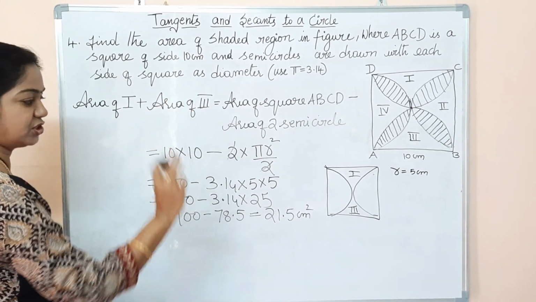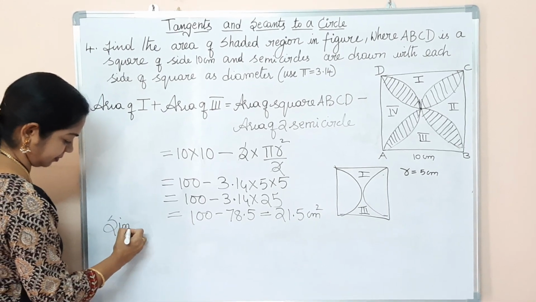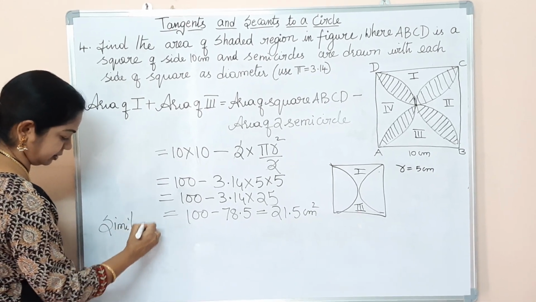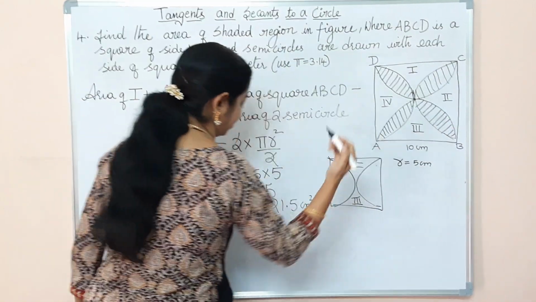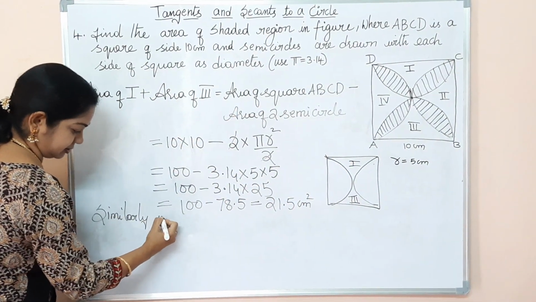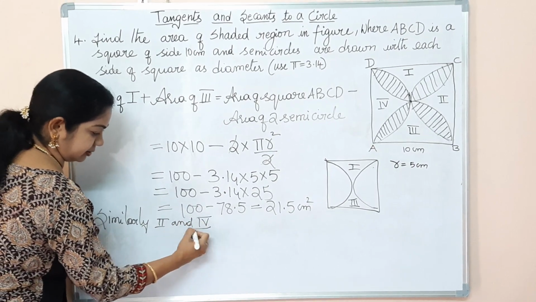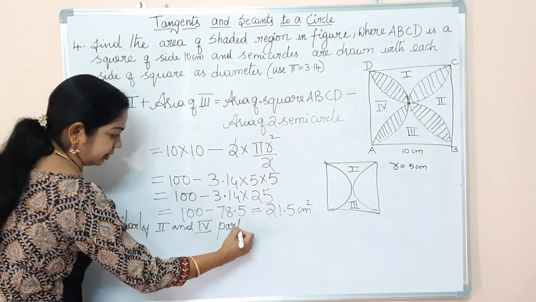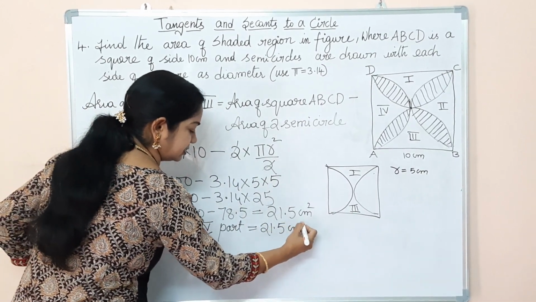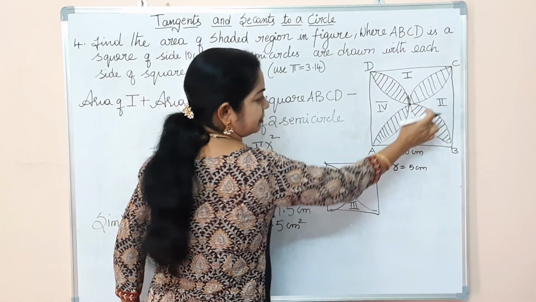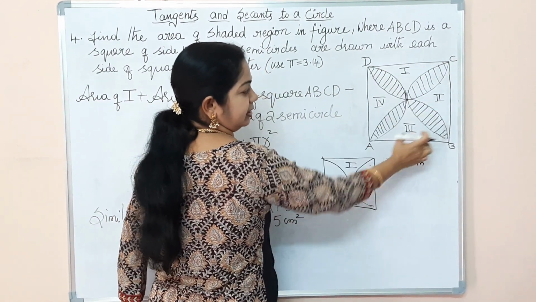This 21.5 is the area of first part and the third part. Those are the unshaded parts. Similarly, we can say the area of the second part and the fourth part is also again equal to 21.5 centimeters because the same region here, this part and this part, we have to remove the semicircles from the area of the square.